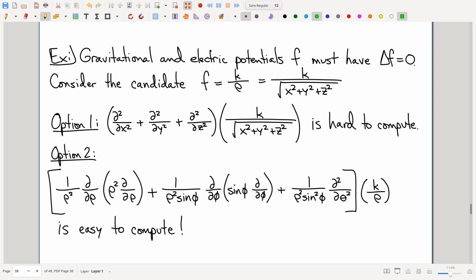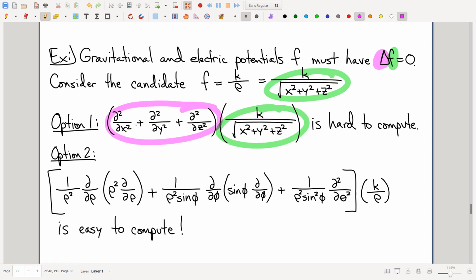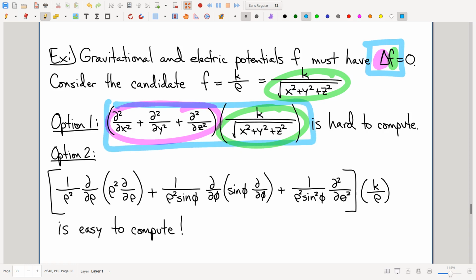So option A would be to take your rectangular candidate function, apply the Laplacian written in rectangular coordinates, and crank out this whole thing and confirm you actually get zero.